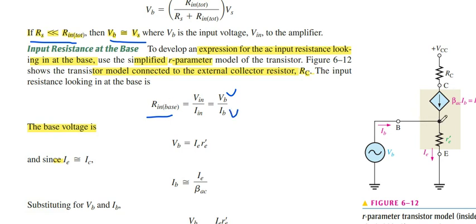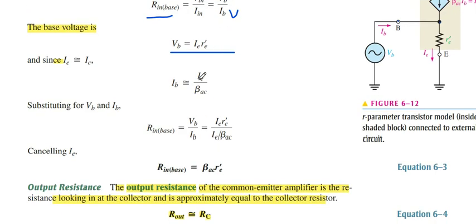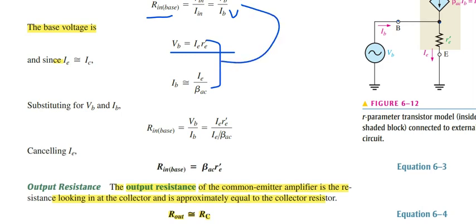So VB, we know that VB is equal to IE RE. IE is equal or nearly equal to IC, while IB is equal to IE over beta, IC. If we put these two things in this equation, we get this.